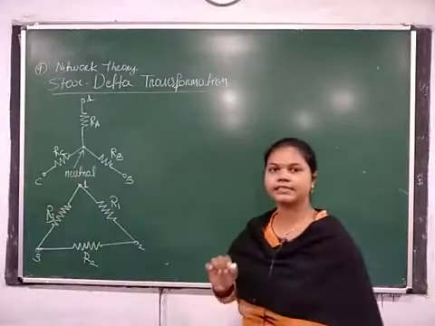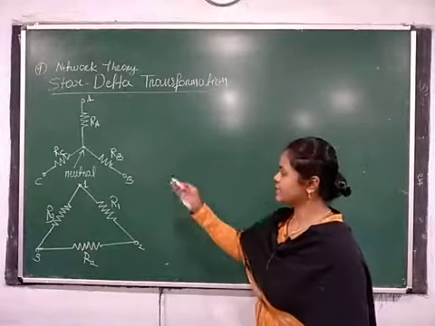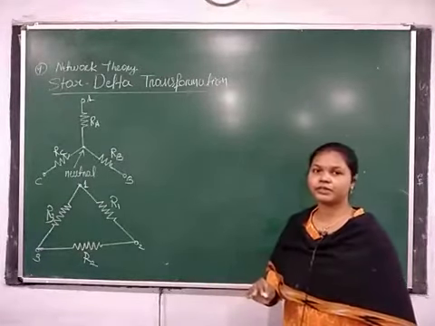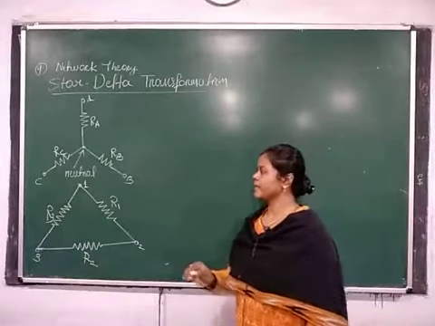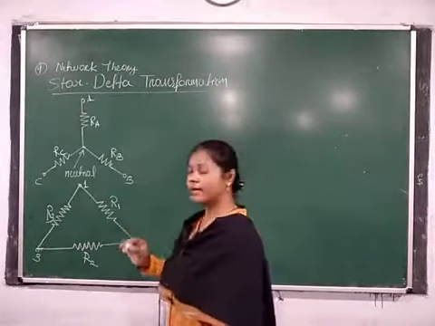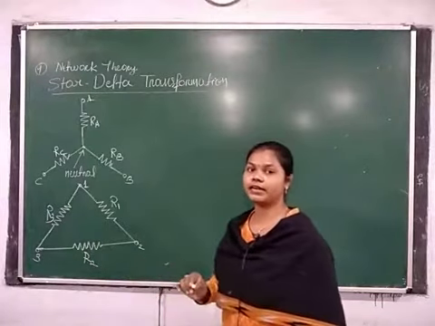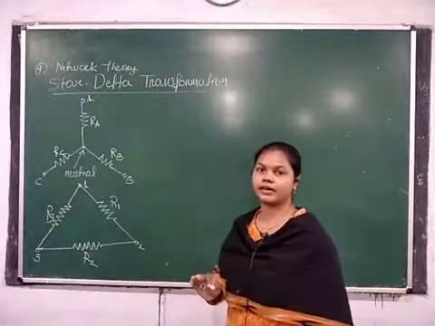The similarity is that, as star and delta connections are different configurations used in a 3-phase system, their equivalent resistance between any two terminals, whether in star or in delta, are equal.